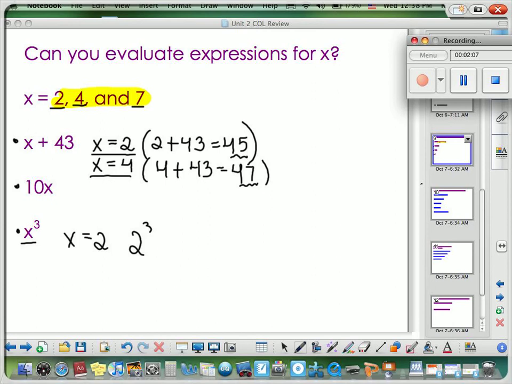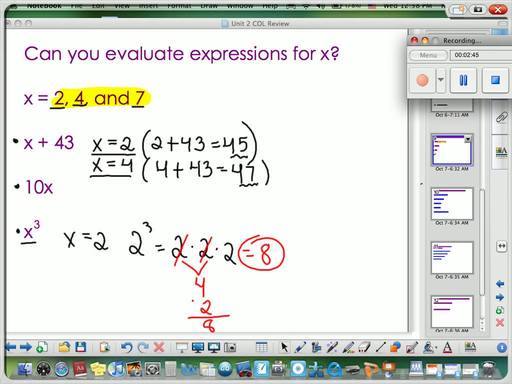Remember, we're going to write it out in expanded form. 2 times 2 is 4 times 2. I totally messed that up. 2 times 2 is 4, not 2, times 2 is 8. So 2 to the third is 8. So for this expression, when I plugged in 2, I got 8.